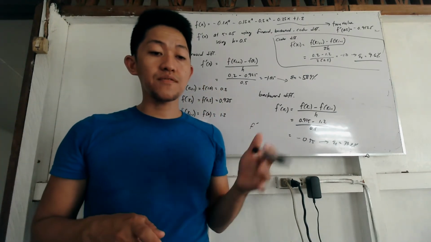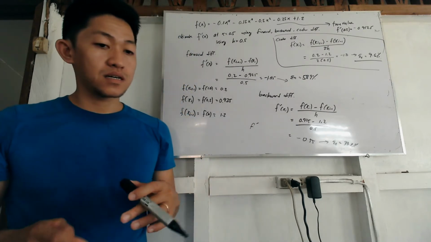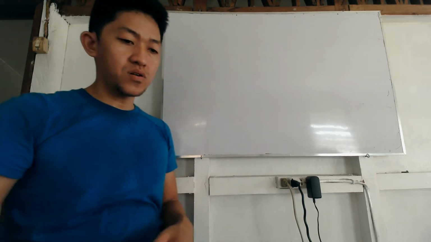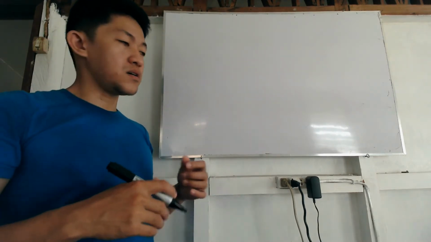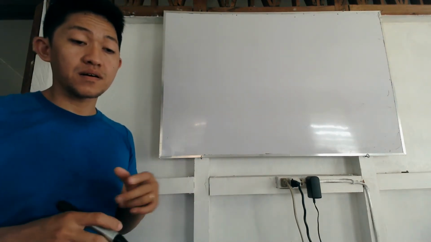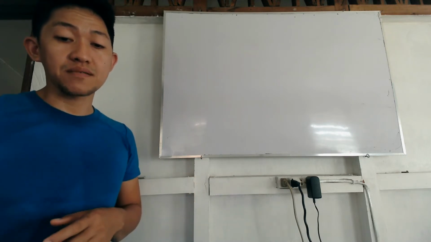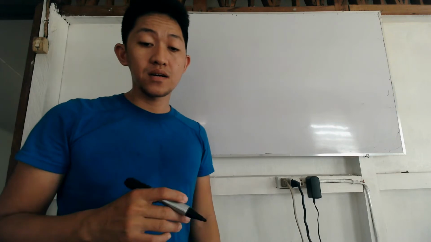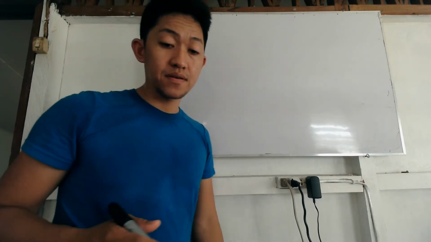That would give you a much better estimation. So those are for estimating the first derivative. How about the second derivative or the third order derivative?